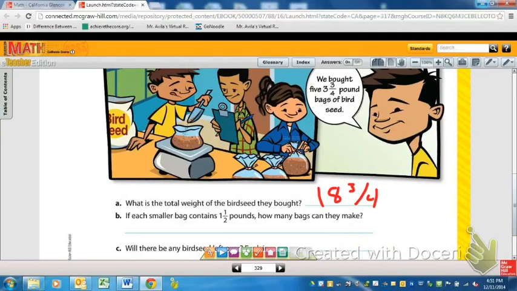They're going to then divide 18 3/4 by 1 1/2 to find the answer for B. And whatever's left over will go here, because they're going to have a mixed number as an answer for part B. All they want to know is how many bags can they fill. So they're going to have a whole number, and then whatever fraction is left will be the answer for C.